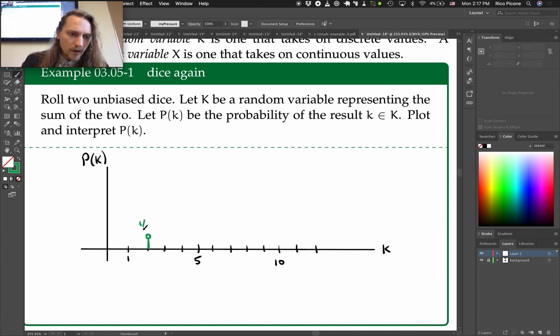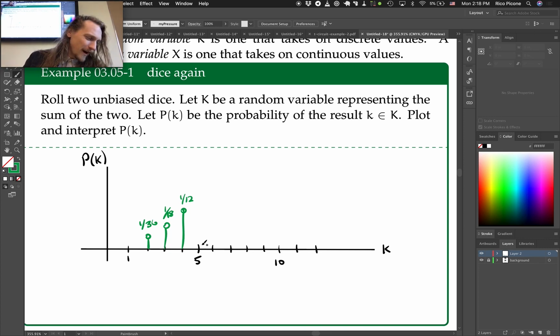And then 3 is 1/18. And the probability of getting a 4 is 1/12. Yeah, you're right, I couldn't read my writing.